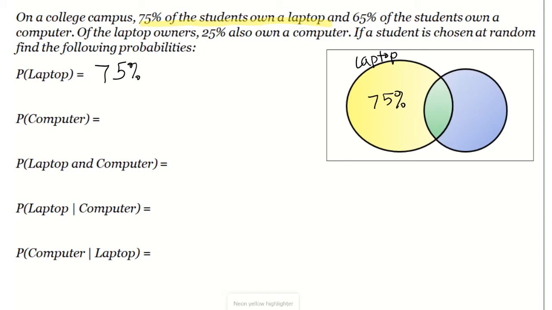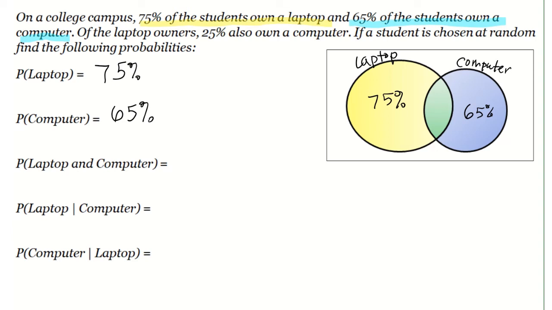Our next question is, what is the probability of owning a computer? And the problem tells us that 65% of the students own a computer. So that answers our second question, the probability of owning a computer is 65%. We're going to put our 65% in the blue circle and label the blue circle computer.